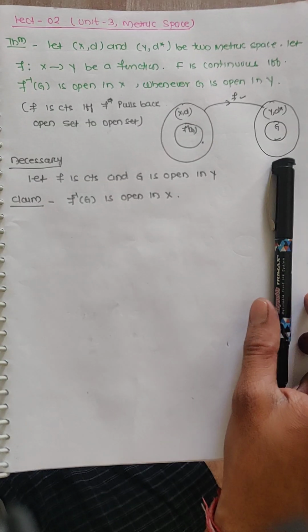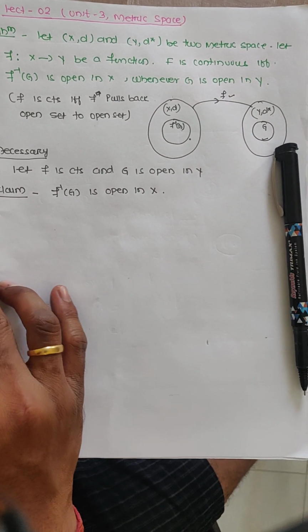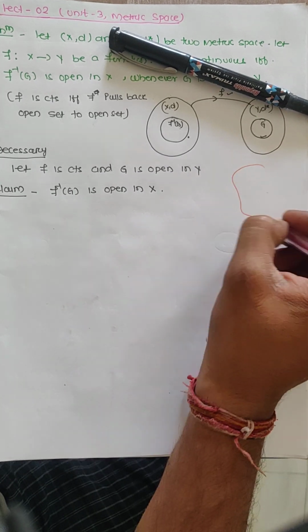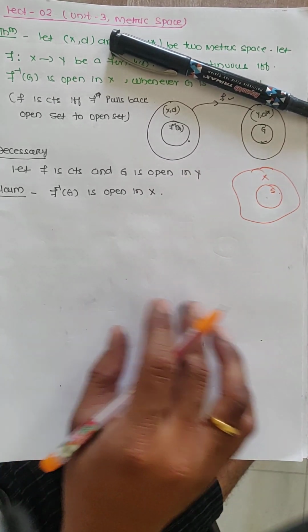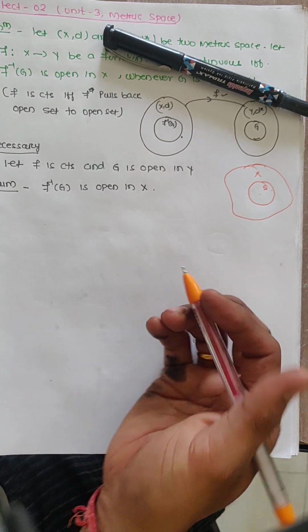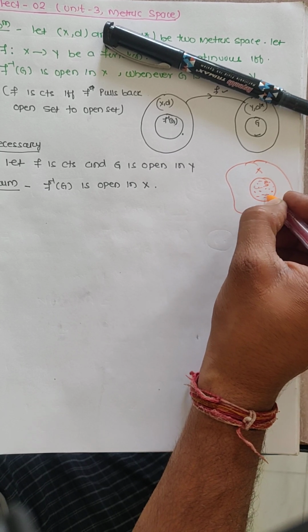Suppose we have a metric space X and S is a subset of X. S is open in X if every point is an interior point.